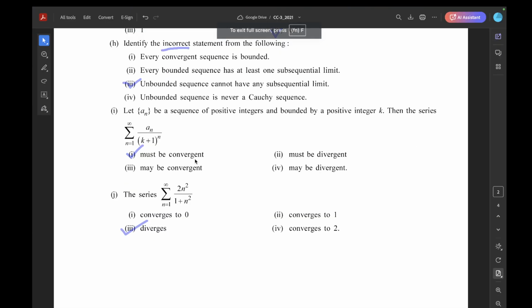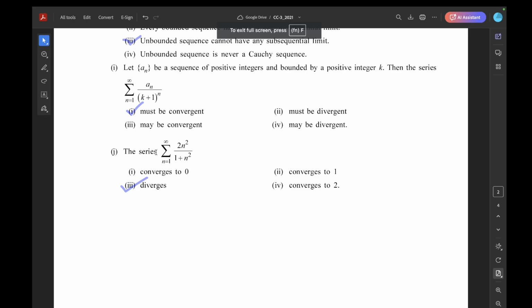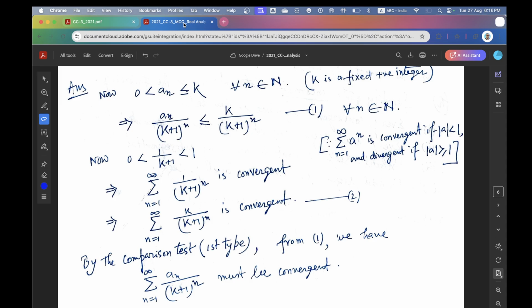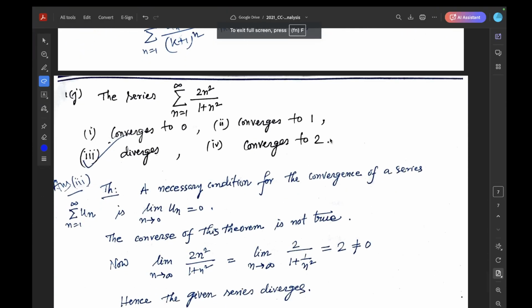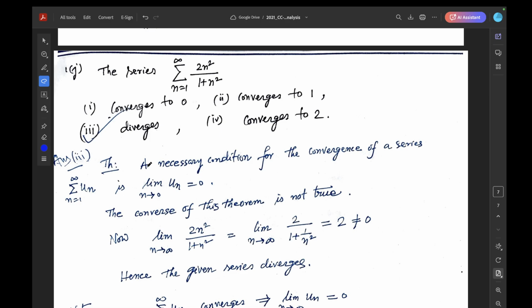Next question. The series summation n equal to 1 to infinity 2n square divided by 1 plus n square. Correct option 3, diverges. Because we have a theorem: a necessary condition for the convergence of a series summation u_n is that limit of u_n as n tends to infinity equals 0.